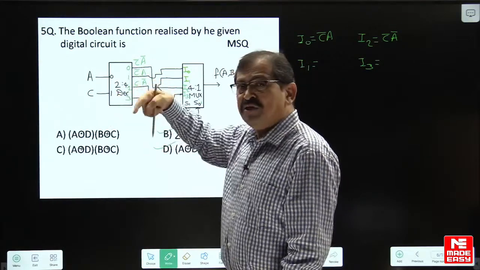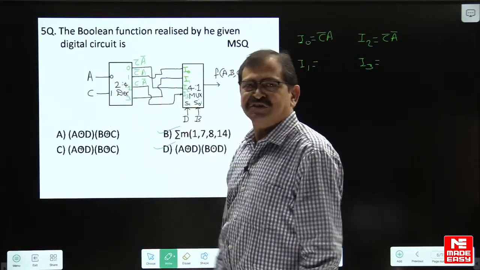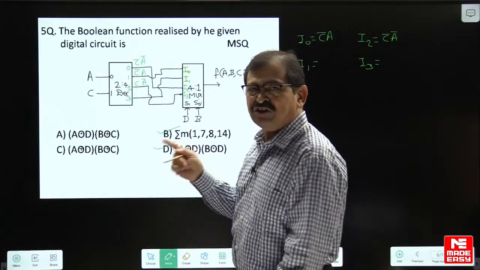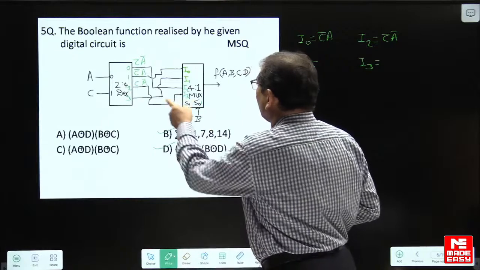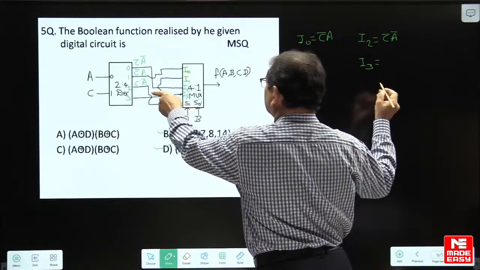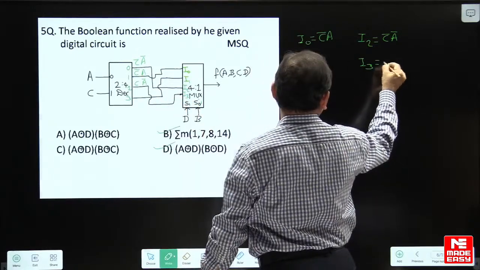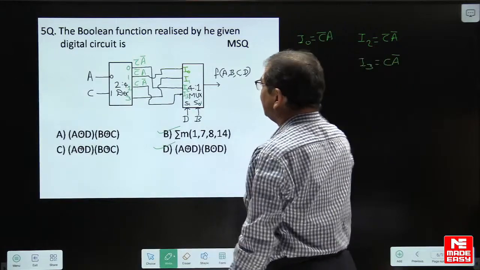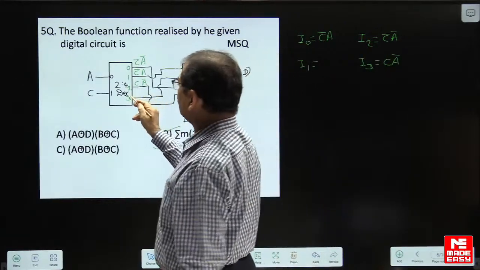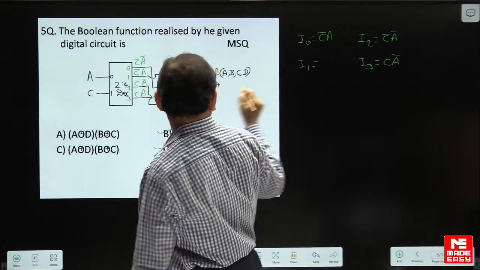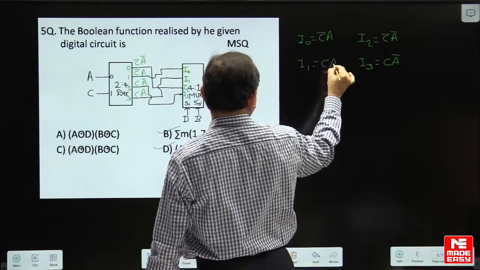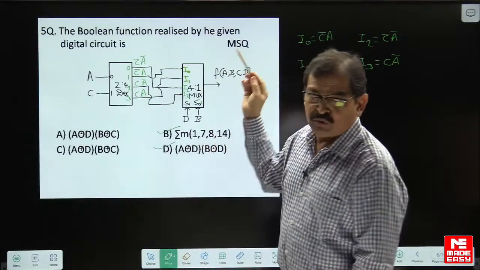Very important, as MADs students, you know such type of questions we discussed, a couple of them. They are concept level questions. So now, line 3 input is C A complement. And line 1 input is coming from the line 3 decoder output, which is C A. So for this multiplexer, we are able to look at the inputs.